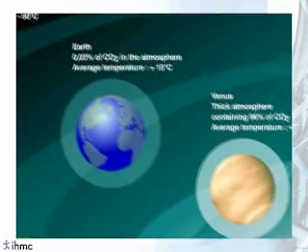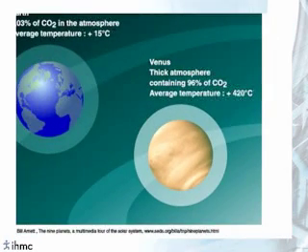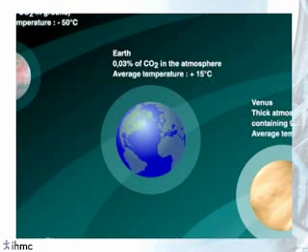On the other hand, you have Venus, which has an atmosphere that has 95% carbon dioxide, and its average temperature is roughly 420 degrees centigrade, so double that to make it Fahrenheit. So it's very hot there, obviously. The Earth has 0.04% of carbon dioxide in the atmosphere, and the average temperature is 15 degrees centigrade.